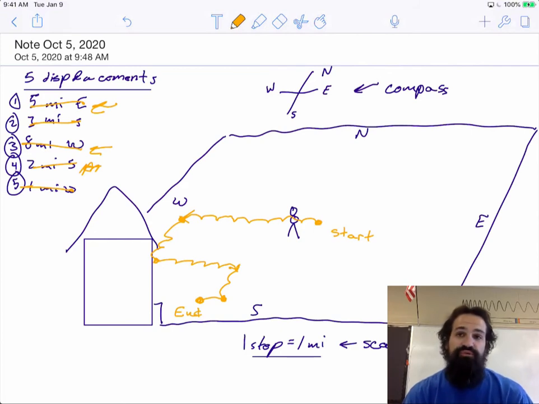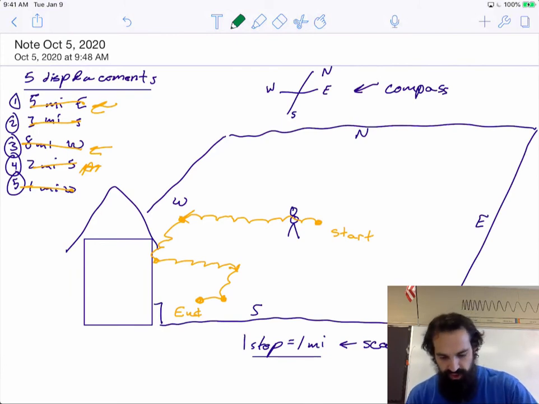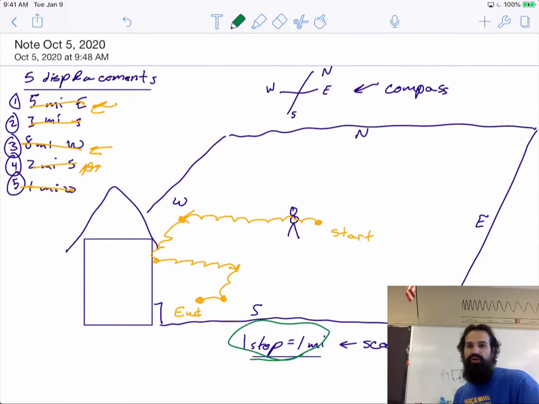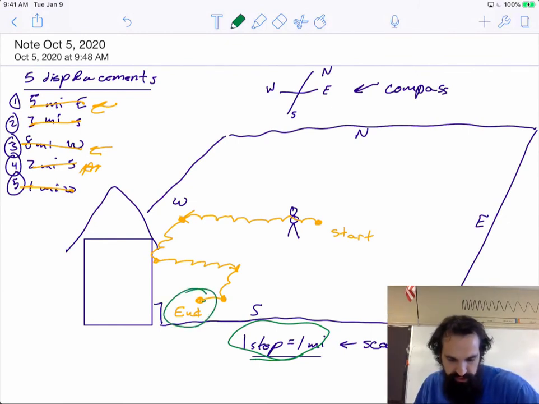So now, just like before, you have a definitive starting point and a definitive ending point. Now, to find the displacement, before you had to use the Pythagorean theorem: you had to find A, you had to find B, and you had to calculate it. But because you're actually outside walking, you can literally measure it by walking. We know 1 step is 1 mile. So now you place a marker at your ending point, right here. So we have a starting point and an ending point.